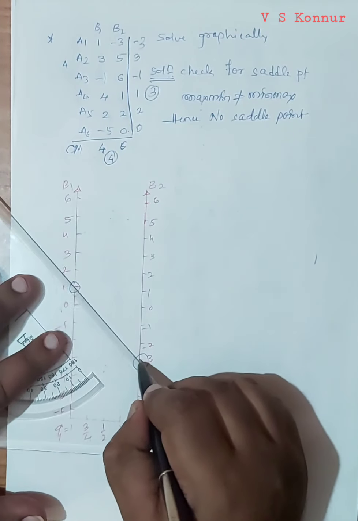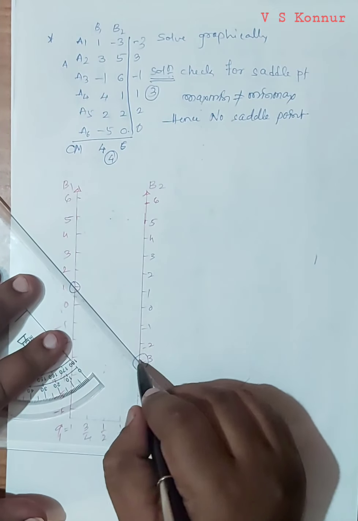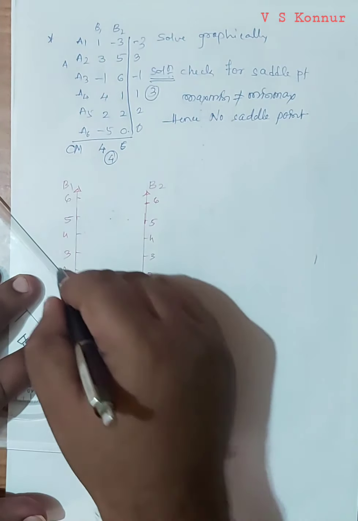Now we'll draw the first line. B1 is 1, B2 is minus 3. We'll call it as A1. Next, B1 is 3, B2 is 5.